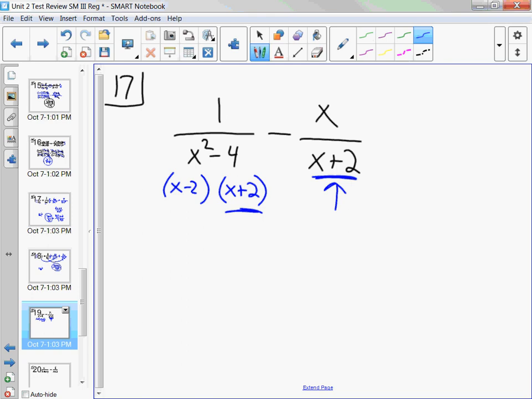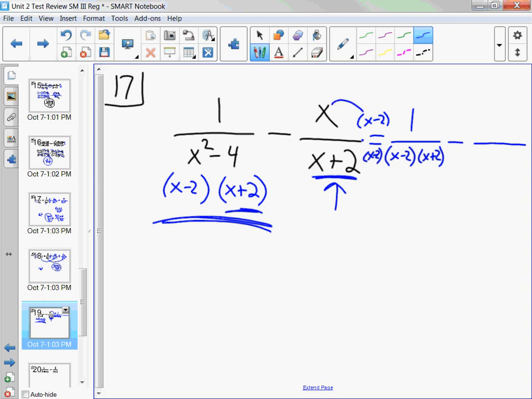So I am going to rewrite this again, common denominators, before I do my subtraction. My common denominator is x minus 2, x plus 2. And so I just rewrote that one. This first fraction was not missing any part of the denominator, so it stays itself, so it's a 1 on top. Over here, I'm missing an x minus 2, so I have to times the top and bottom by my special 1, which is x minus 2 over x minus 2.